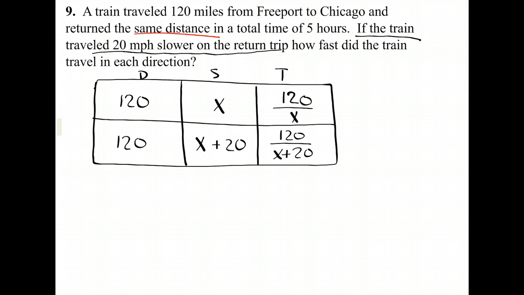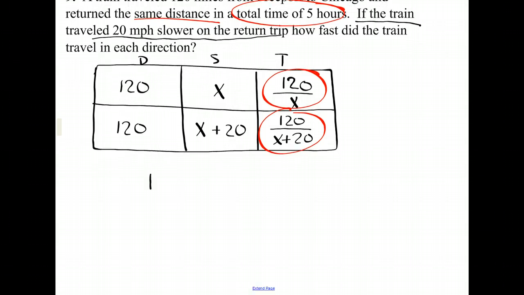Now the big ticket here is that a total time of 5 hours means that this time plus that time equals 5 hours. So when you set this up, you say 120 over x plus 120 over x plus 20, the slower train time plus the faster train time, has a total of 5 hours.